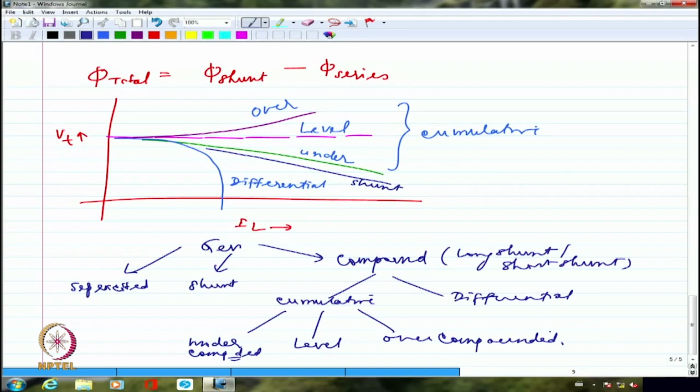With this, we are completing our discussion on the compound generators. One small topic left over is the series generator, after which we will branch over to motors. In motors also we have all these classifications.